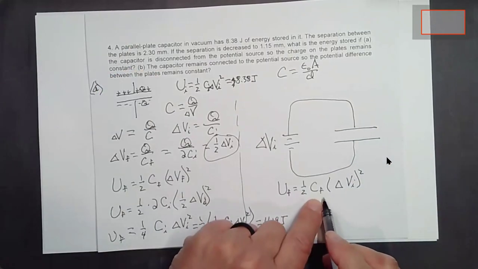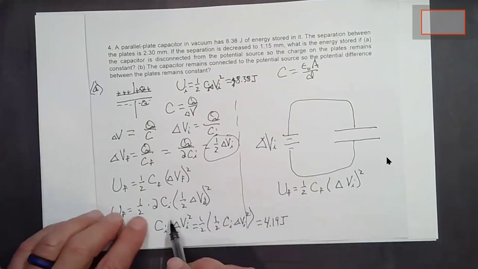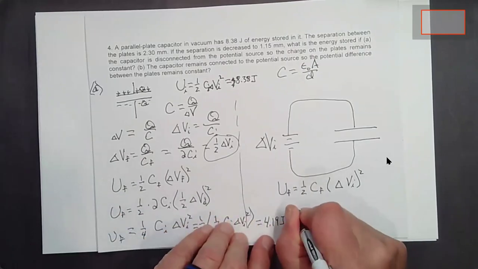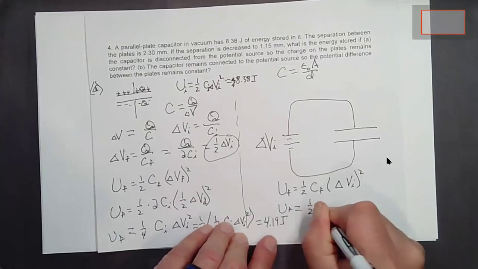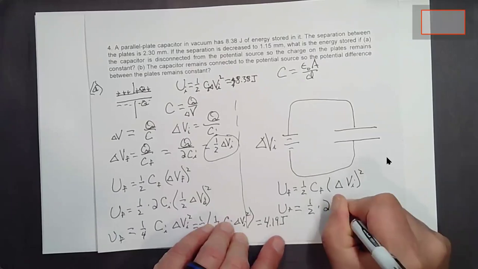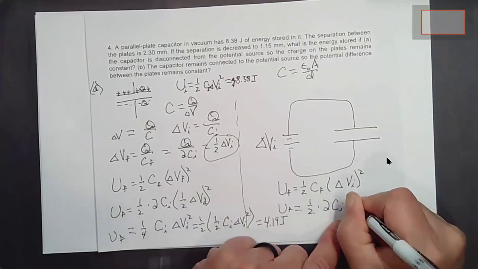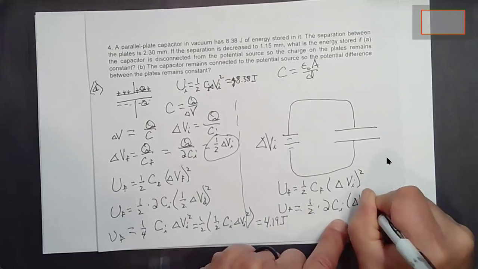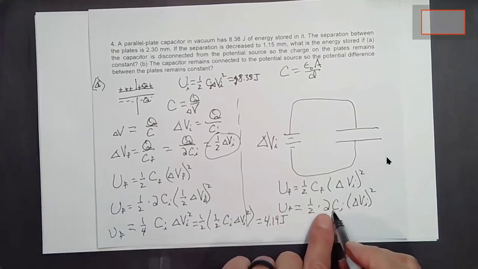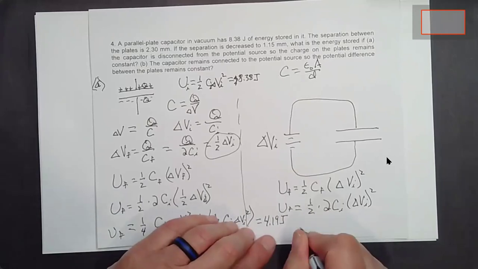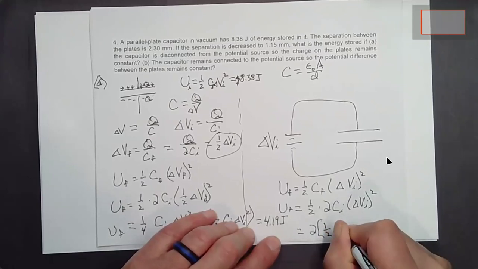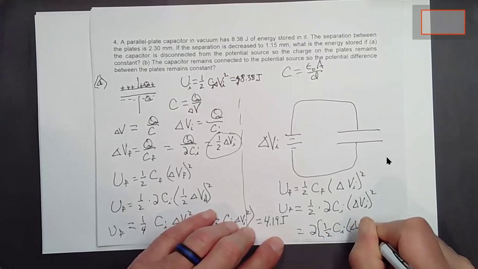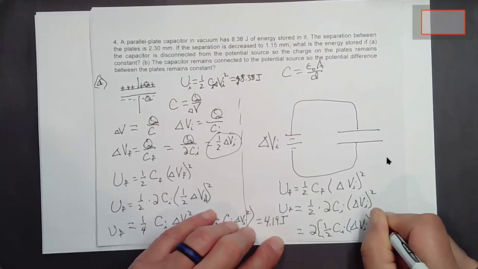But C final is twice the value of C initial, right? And so what I'll end up with is my final energy in this case will be 1/2 times 2 C initial times delta V initial squared. I'm going to take this 2 and stick it in front and multiply it by 1/2 C initial delta V initial squared.